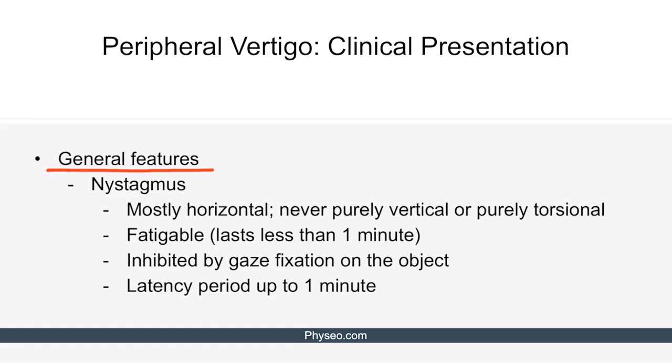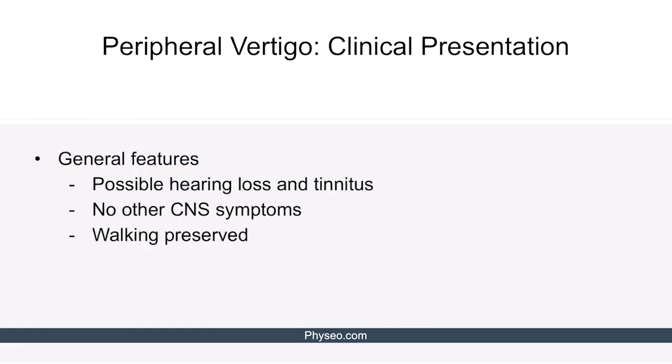Let's recall that the nystagmus from central vertigo does not have latency period, while the nystagmus from peripheral vertigo does have the latency period up to 1 minute. Since the underlying etiology might affect the inner ear, peripheral vertigo can be accompanied by hearing loss and tinnitus. Finally, in contrast to the central vertigo, there are usually no other CNS symptoms, and walking is preserved.